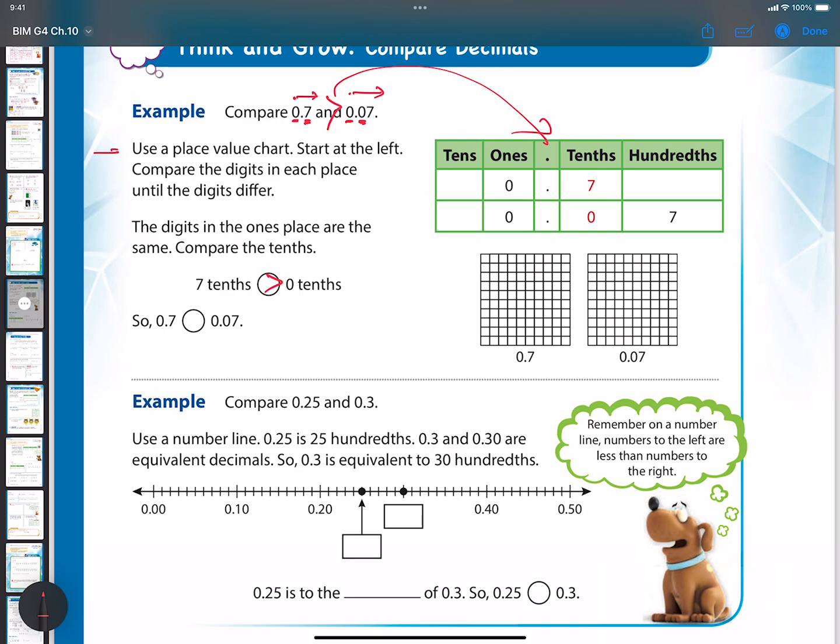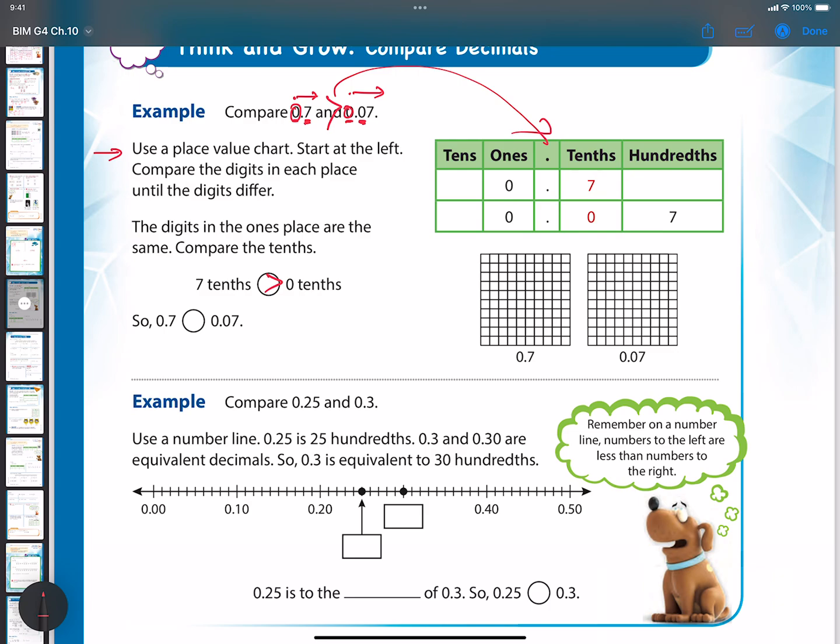Let's read it anyway. Use a place value chart. Start at the left. Compare the digits in each place until the digits differ. That means if they have the same value, for example 0 in the ones place, then you need to move on to the next number on the right.